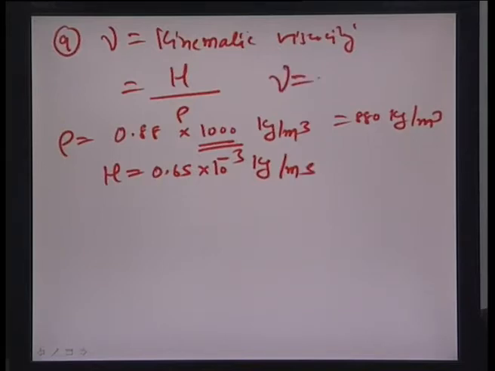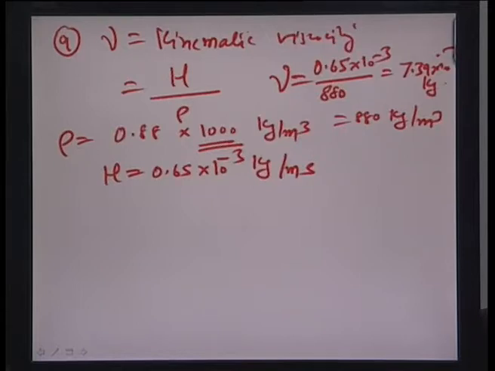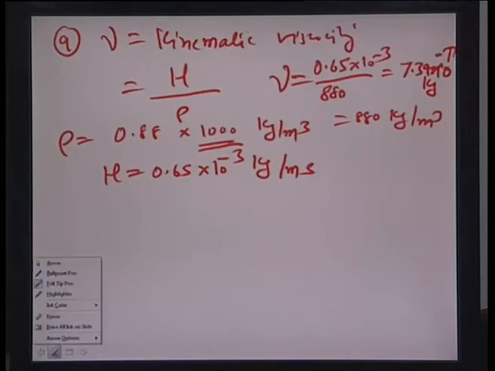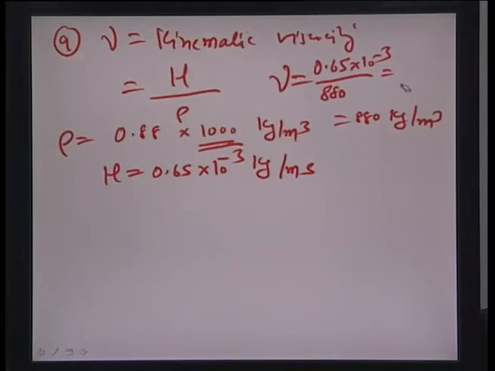So nu here would be 0.65 times 10 to the power of minus 3 divided by 880, which is equal to 7.39 times 10 to the power of minus 7.